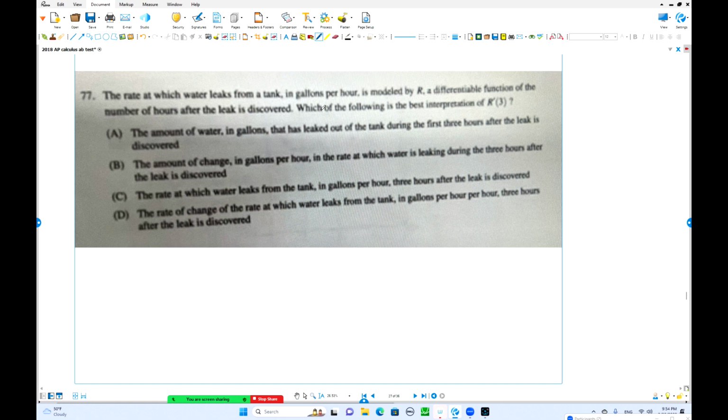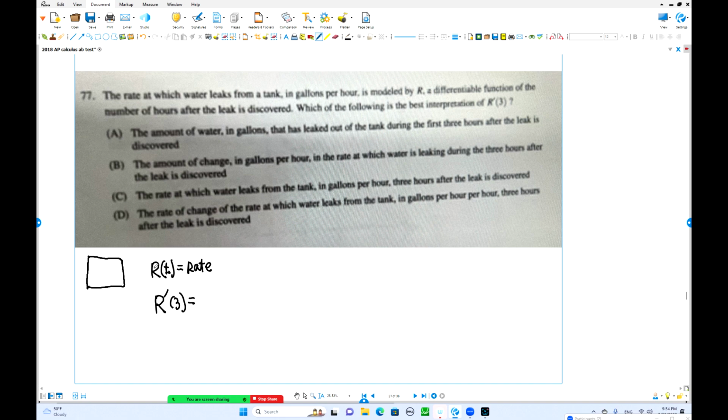Gallons per hour modeled by R, that is the rate, as a function of the number of hours after the leak is discovered. Which of the following is the best approximation for R prime of 3? This is already a rate, okay?